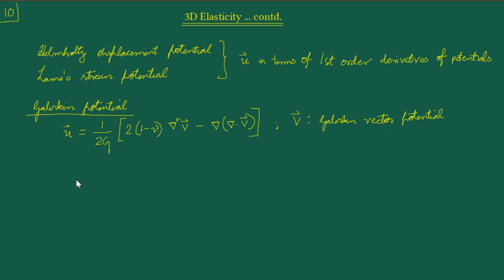So we go back to the Navier-Lamé equation, which is (lambda plus G) grad div of u plus G del square u plus rho b vector. As we had been doing in the previous cases, we keep the rho b vector for now and see the consequence of keeping it.